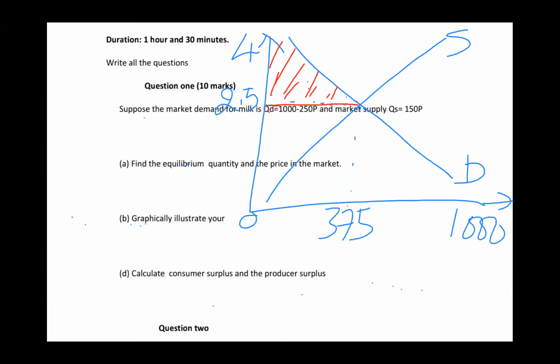If you look at this shape, what shape is this? It's a triangle, right? And as you did with triangles, you remember that the formula for the area of a triangle is half base times the height, right?